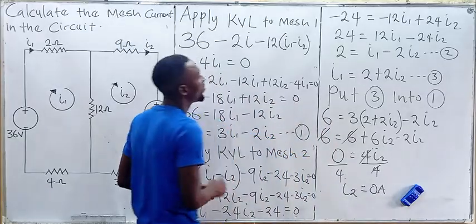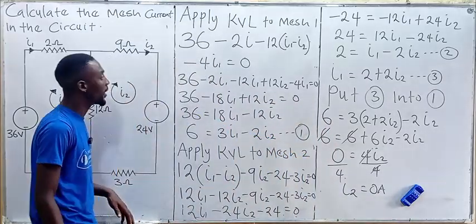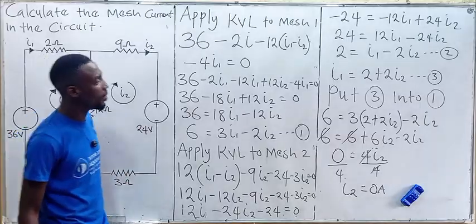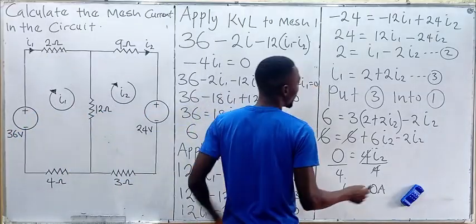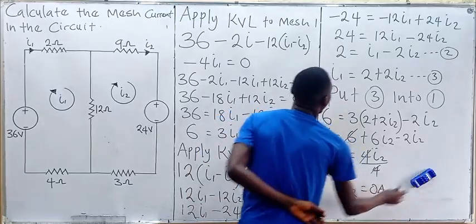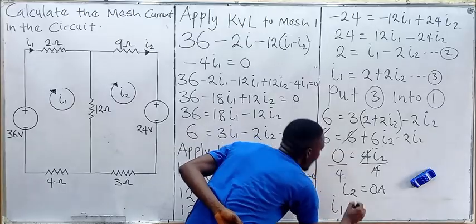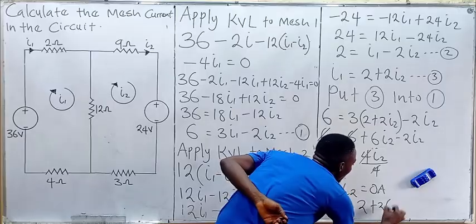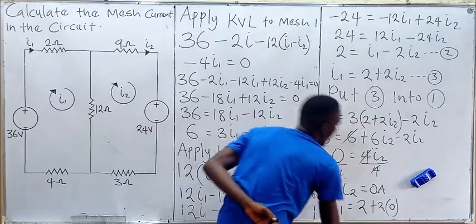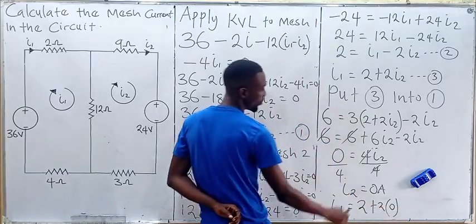So we have gotten the value of I2 to be 0 ampere, and we can find our I1 here. So from equation 3, I1 will be equal to 2 plus 2 into 0. So 2 times 0 is 0, 0 plus 2 is 2.